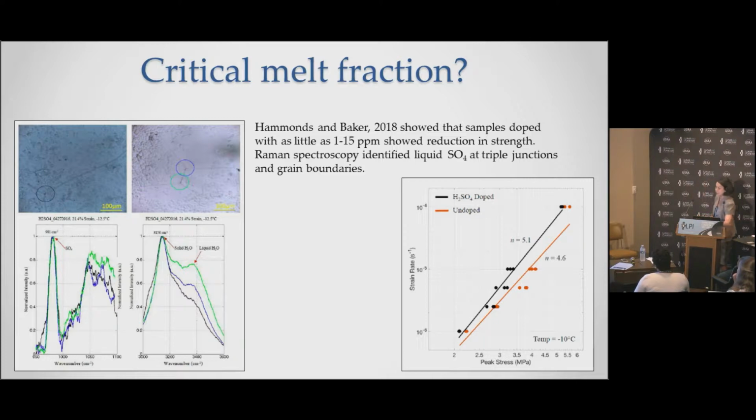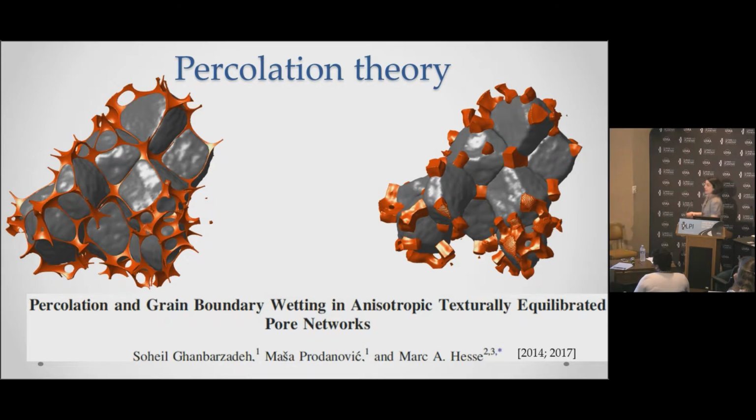So now this sort of critical minimum is different than what you might have for instance with percolation theory. And I'm not going to talk about it much, but I call your attention to work by Mark Hess, who's here. Using the same sort of dihedral interfacial energy calculation, they can come up with this permeability.